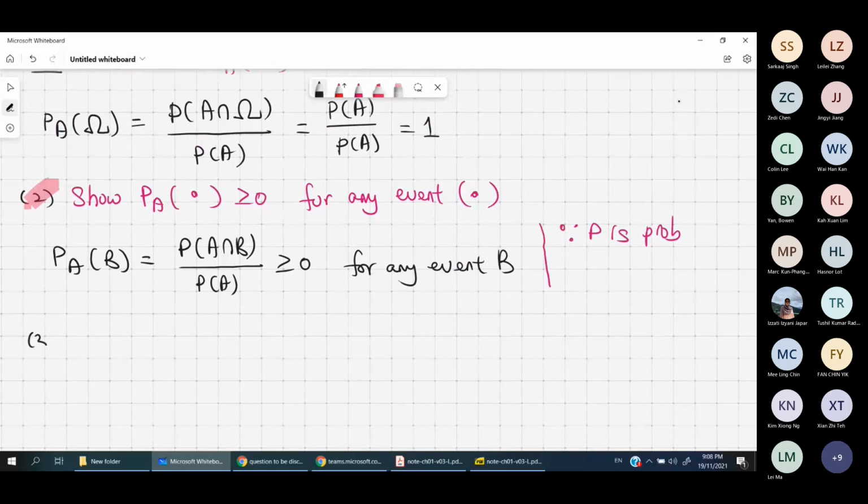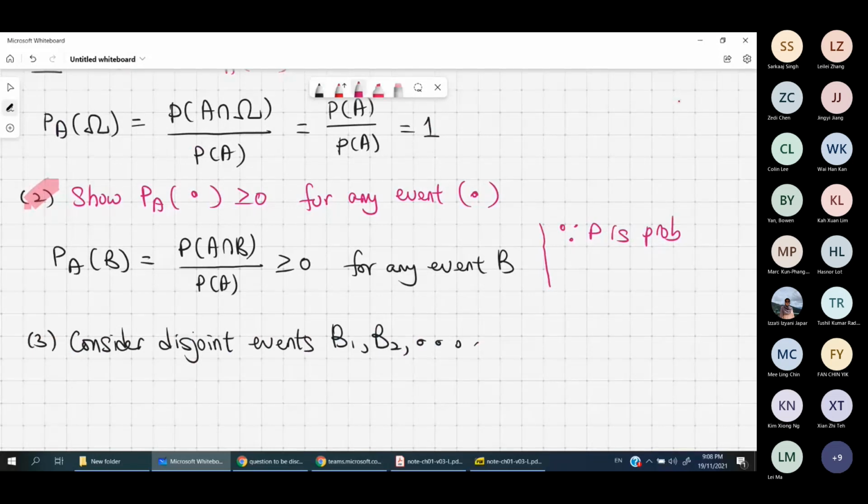So part 3, what is that? Let's say we consider disjoint events B1, B2, and so on, a sequence of disjoint events.